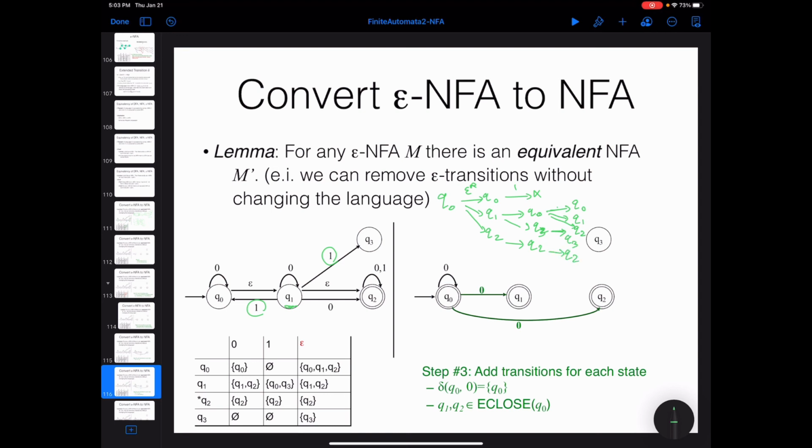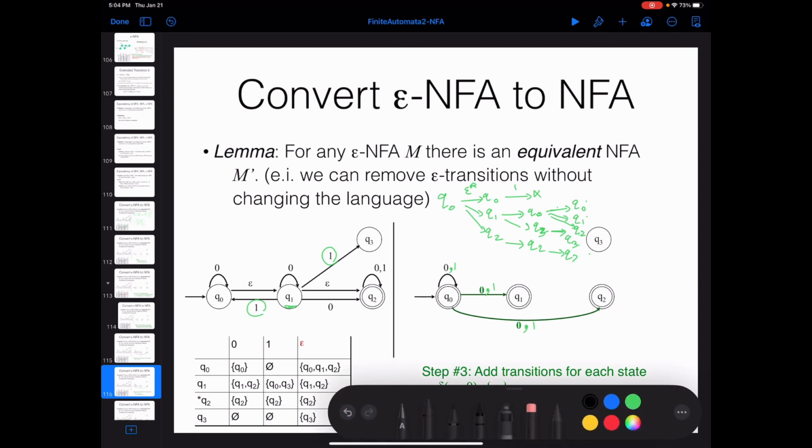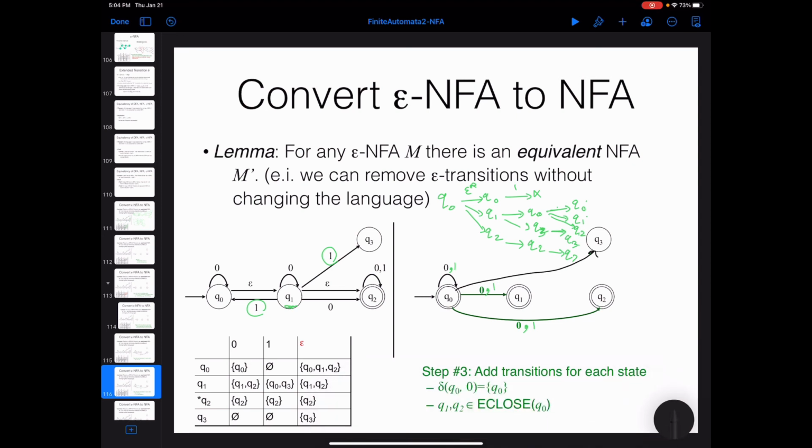So by checking all of these states, it's telling me that I need to have a transition from Q0 to Q0, one transition from Q0 to Q1, one transition from Q0 to Q2, and one transition from Q0 to Q3 as well.